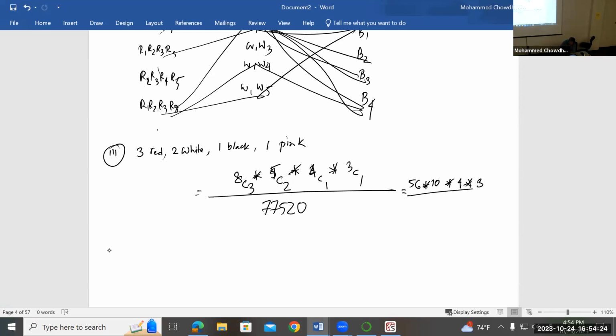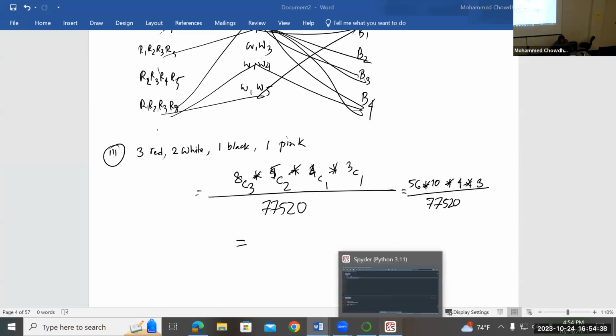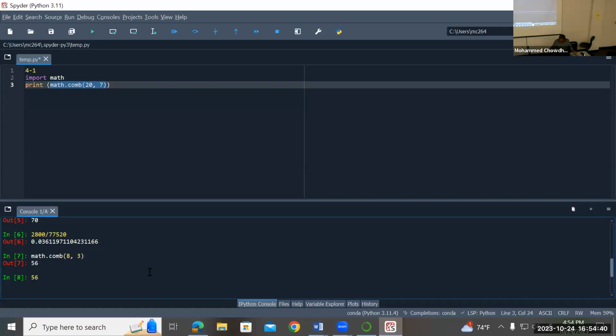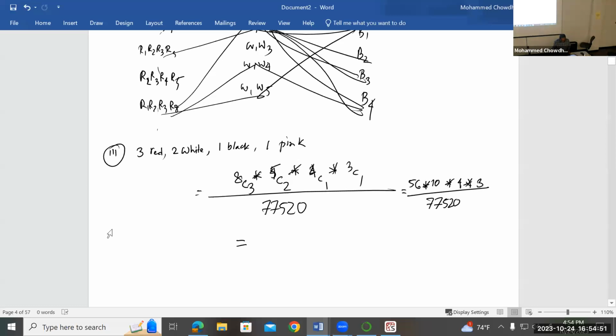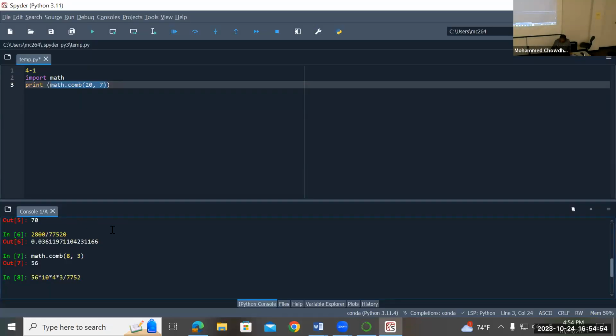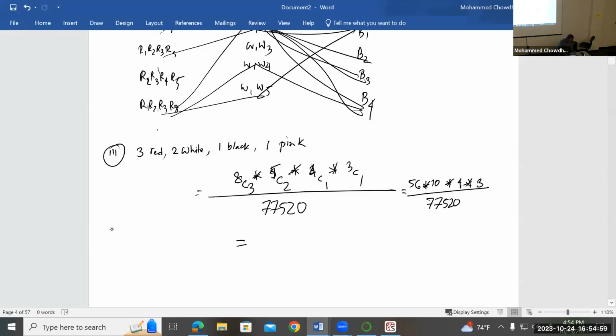That is equal to 3, divided by 77520, which we can obtain: 56 times 10 times 4 times 3 divided by 77520. That gives 0.0866.